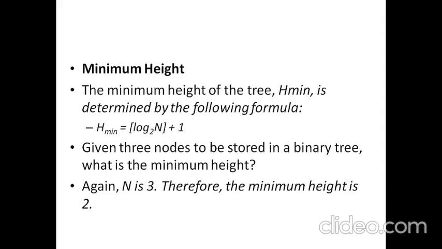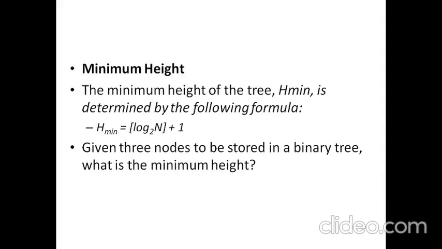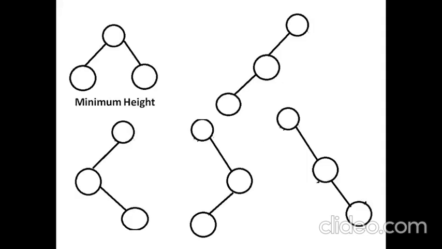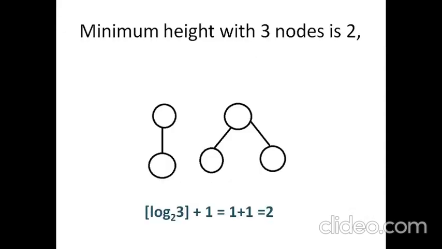So the minimum height is 2, which we already proved in the previous slide. So when the number of nodes are 3, the minimum height is 2. That is also confirmed by this formula.